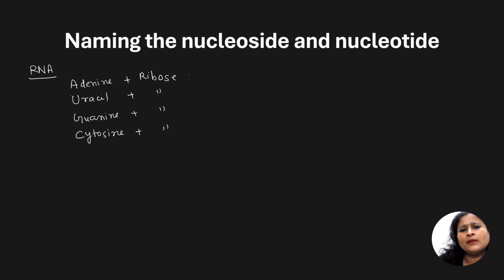nucleoside will be formed. That will be called adenosine. And uracil, when it will react with ribose, it will be called uridine.